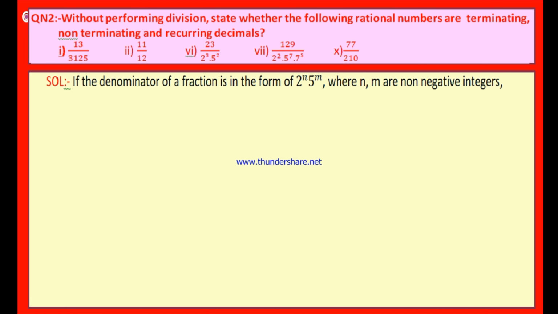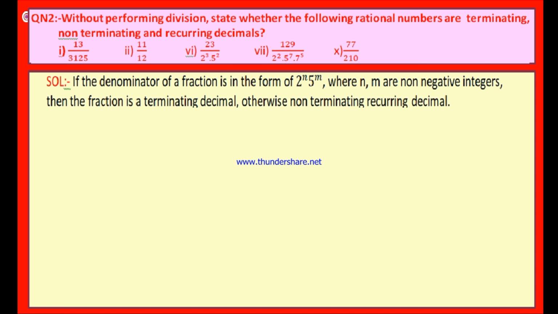Here is the first part. Before solving this, we should know that if the denominator of a fraction is in the form of 2 power n into 5 power m, where n and m are non-negative integers, then the fraction is a terminating decimal.